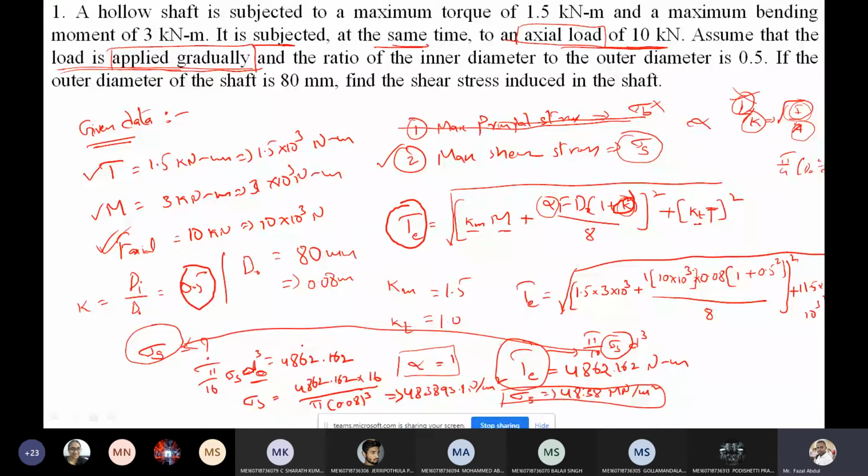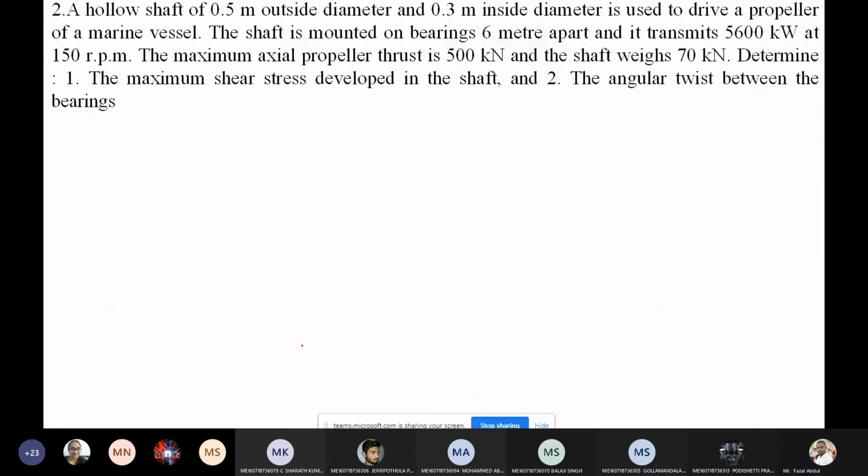Take a screenshot or make a copy in your notes, and I'm going to move to the next problem. This is the question. A hollow shaft of two different diameters, 0.5 meters outer and 0.3 inside diameter, is used to drive a propeller of a marine vessel.